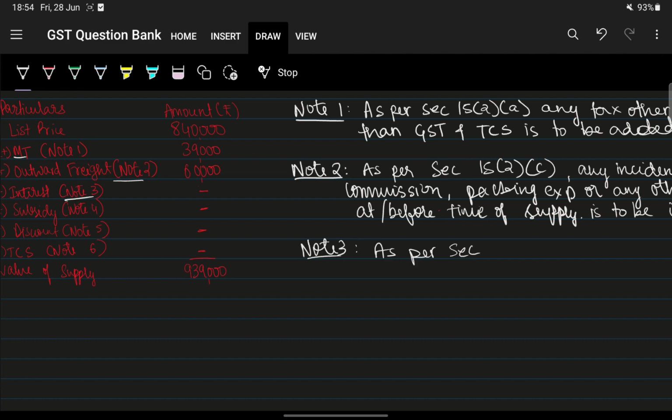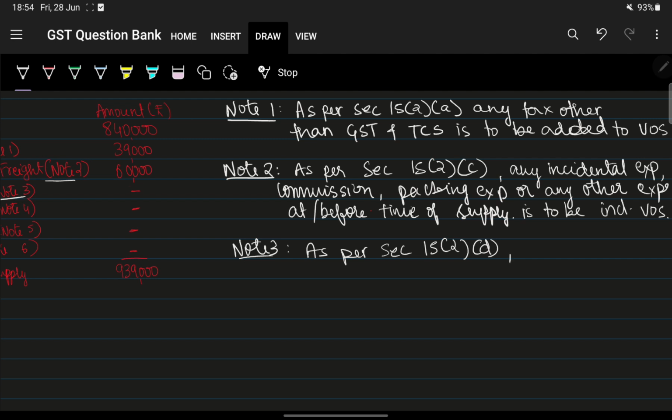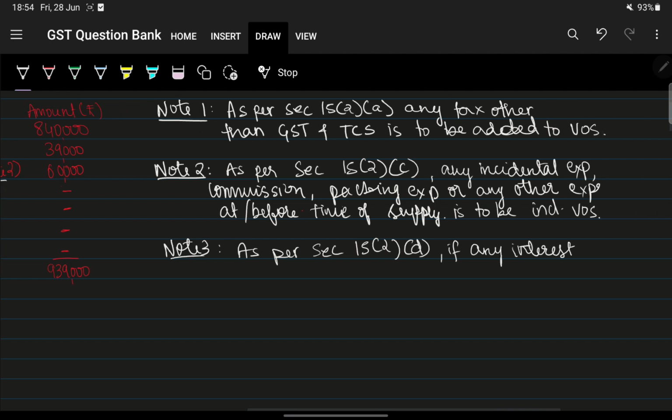As per section 15 subsection 2 clause D, if any interest amount is waived off, then it is not includable in the value of supply.